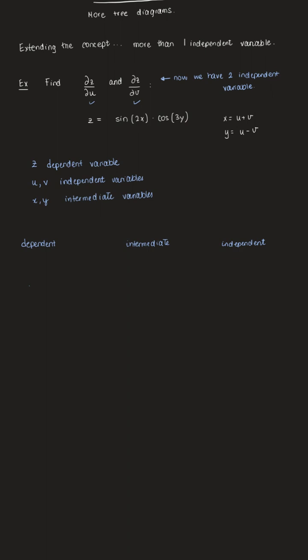First, z depends both on x and on y. Now, a change in x comes from a change in u and a change in v, because x depends on both u and v. A change in y comes from a change in u and a change in v.